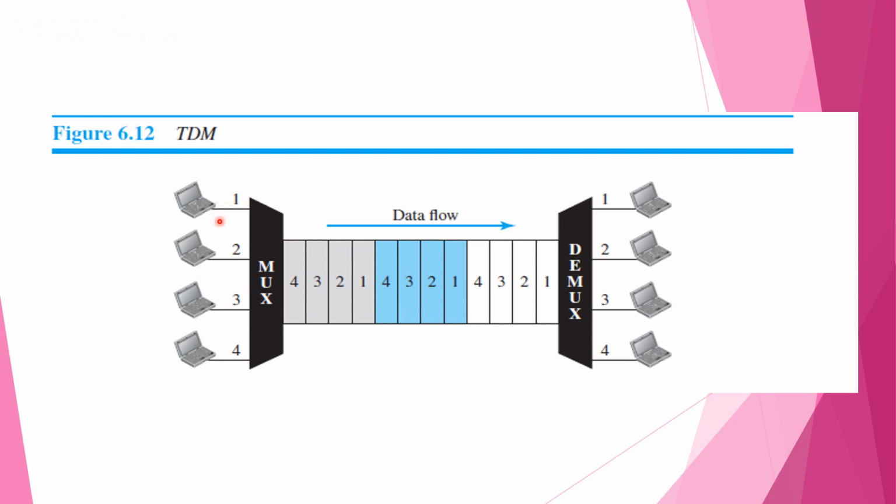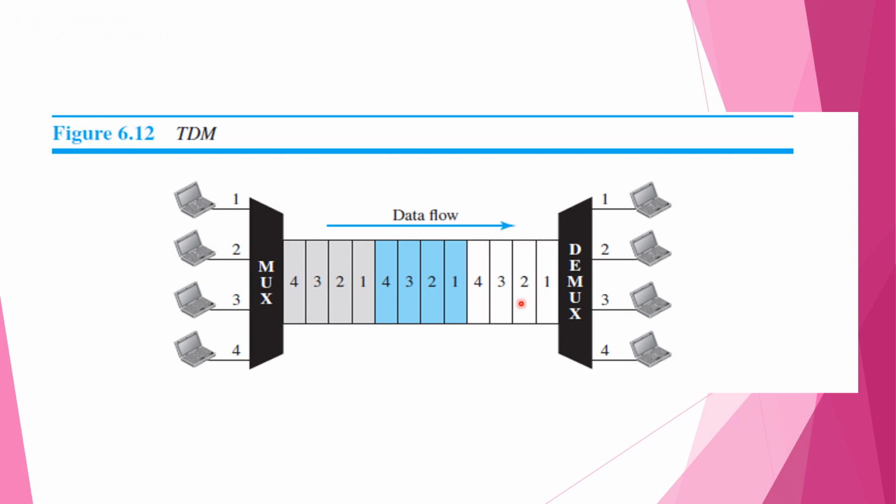Here we have 4 different users, and the entire link is shared by considering time as a factor. For the first data source the time slot is 1, for the second 2, then 3 and 4, and so on. In the diagram we can clearly observe that the portions of signals 1, 2, 3 and 4 occupy the link sequentially.